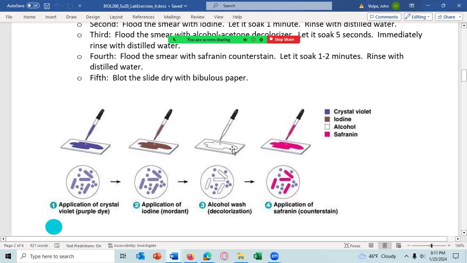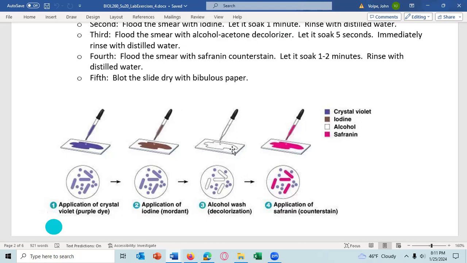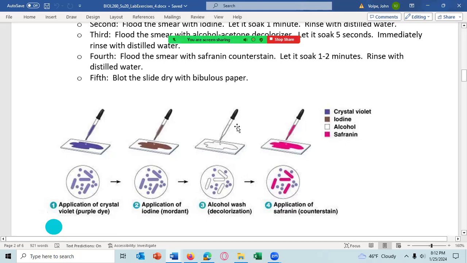You must do that immediately because the traces of the decolorizer on the cell can continue working. And if given enough time, the decolorizer will remove the stain from obviously your hands or the slide or your clothes or anything like that. But we're interested in the slide.